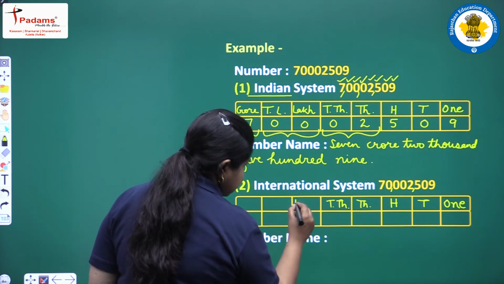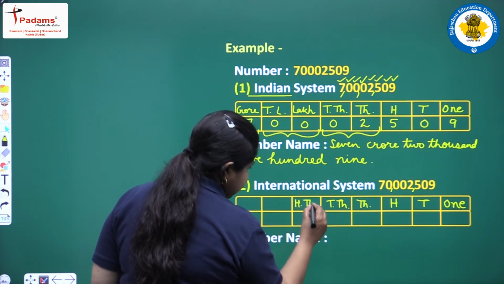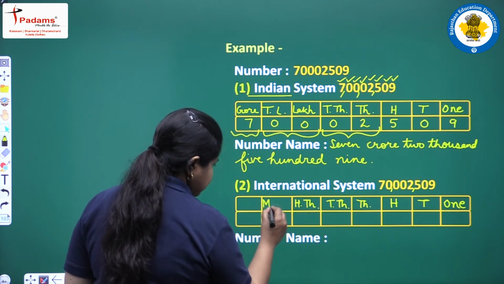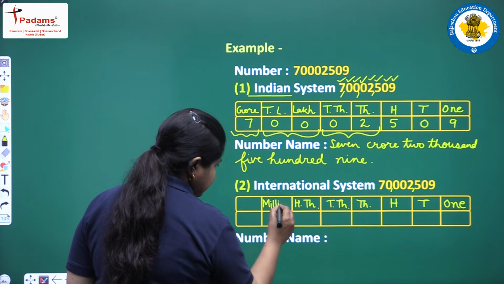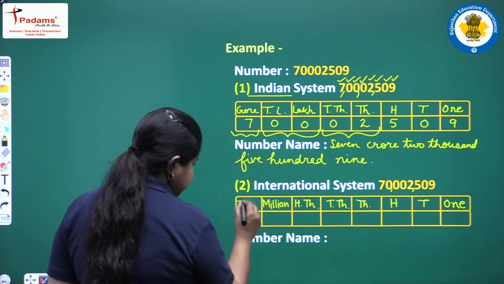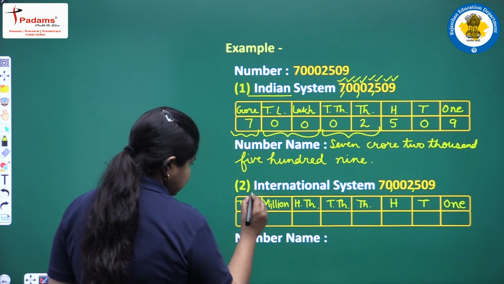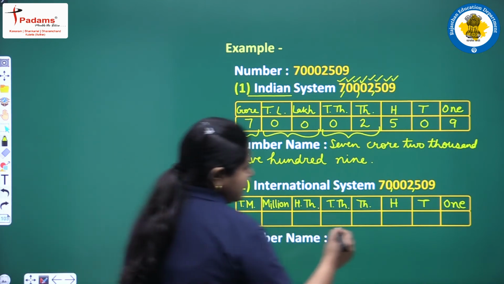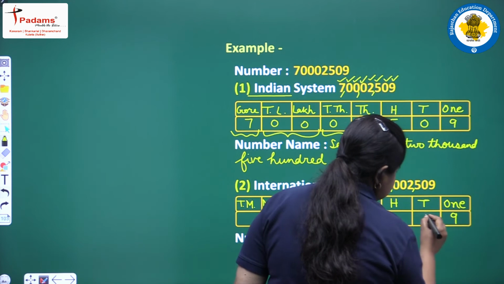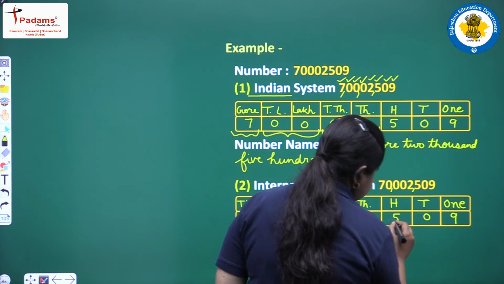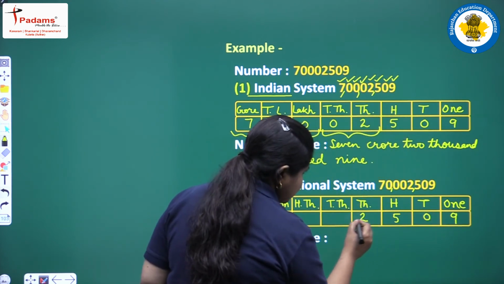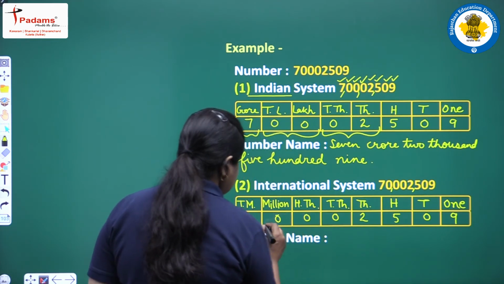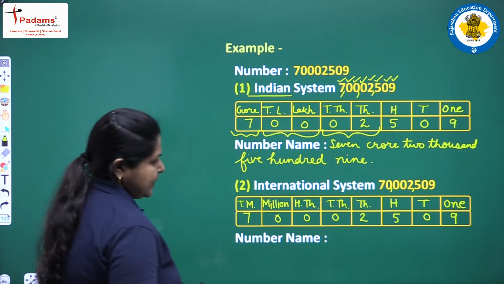We have 100,000 in place of lakhs, then we have million, then 10 million. Again we will write the digits here. 9, 0, 5, 2, 0, 0, again 0 and 7.